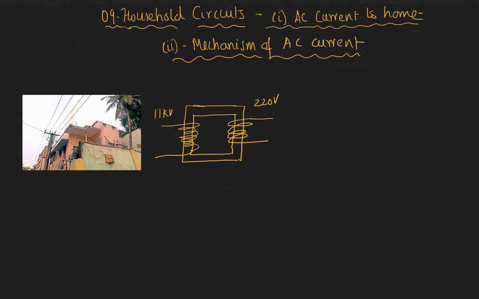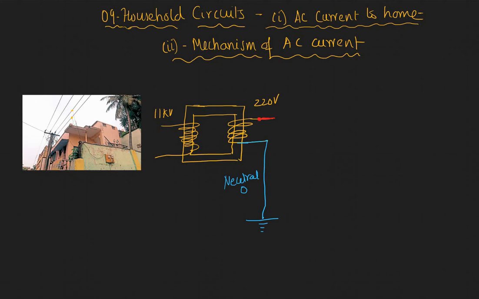Usually one end of this transformer is grounded, and this we call the neutral line. It represents 0, and the other end is live. We call this the live wire, and usually it's red or brown in color, or rather there is a color coding that we use inside homes, but not for transmission.